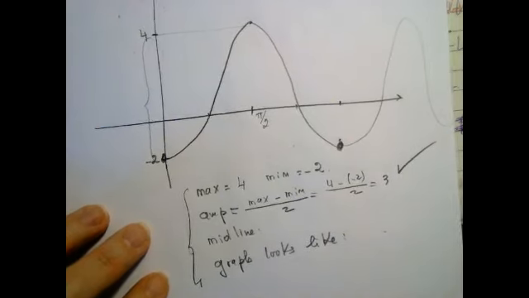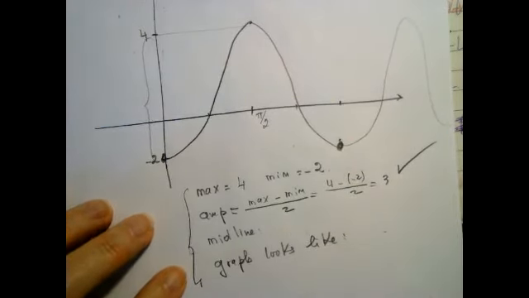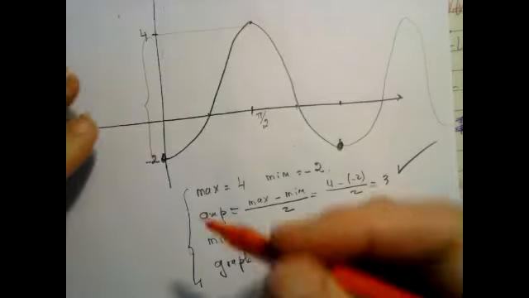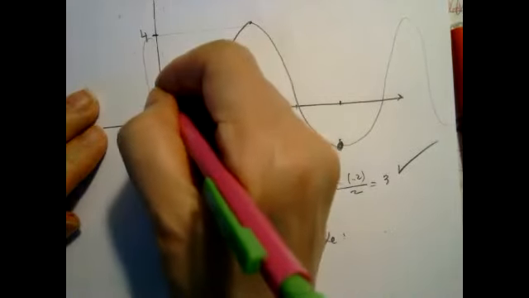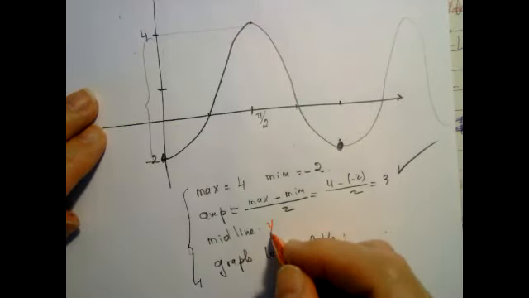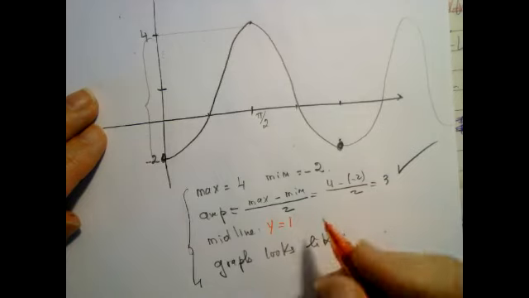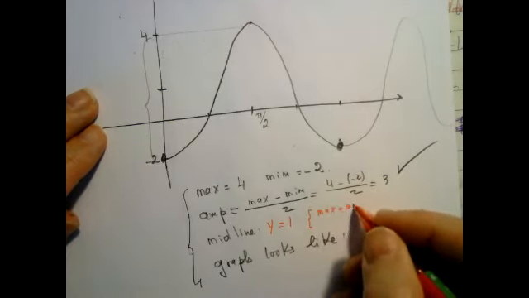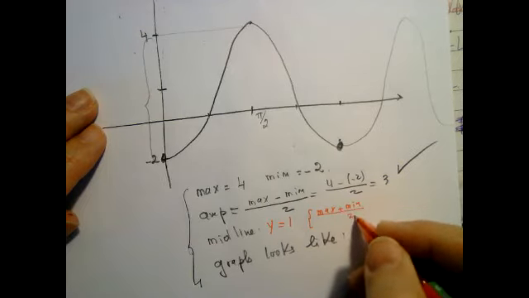That's the amplitude. The midline is the line halfway between -2 and 4. So what's the midline? She's telling us y equal to 1. I think she's right. If you want to find it, you take the max plus the min divided by 2.